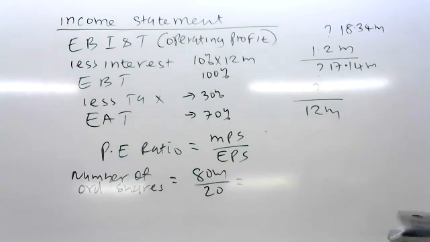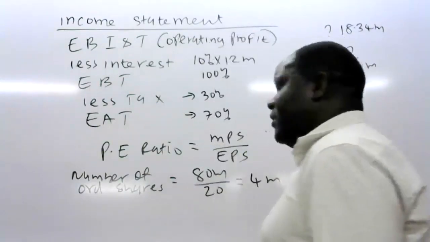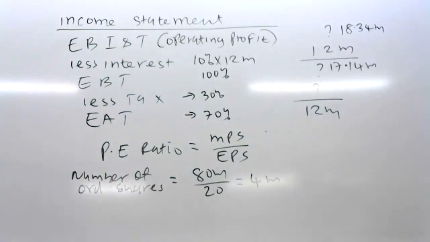Have you seen the ordinary share capital? The total value is 80 millions, and the par value was given as 20. When you divide, how many ordinary shares do you get? There are 4 million ordinary shares.